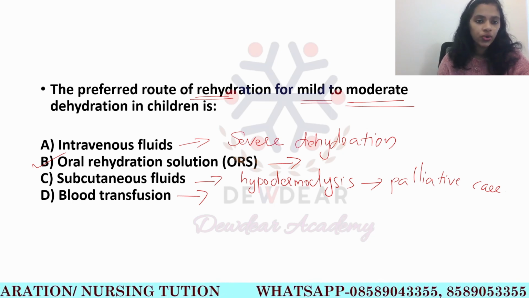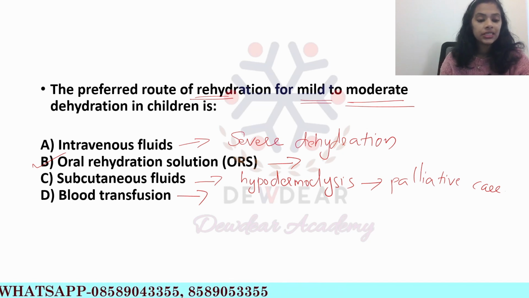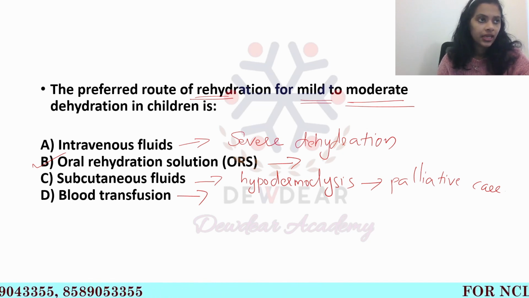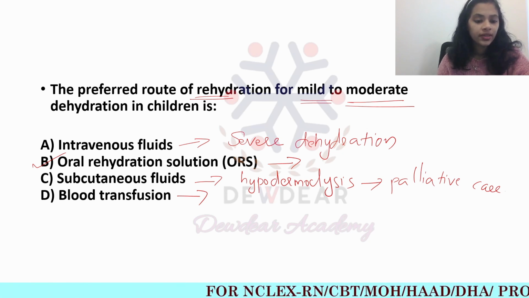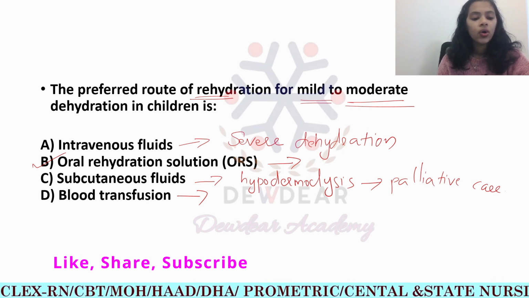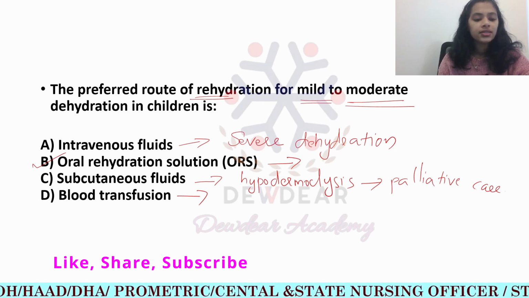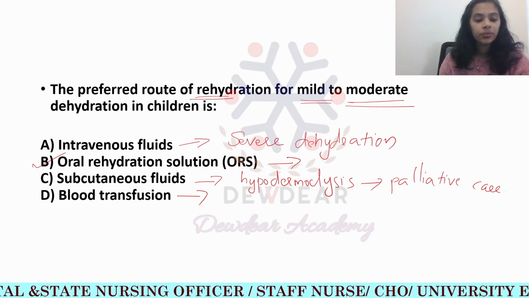So the preferred choice is ORS, oral rehydration solution, because it is easy to administer. It can be given at home or in a healthcare setting without any specialized equipment, and it has effective absorption because ORS has components that help in easily absorbing water.